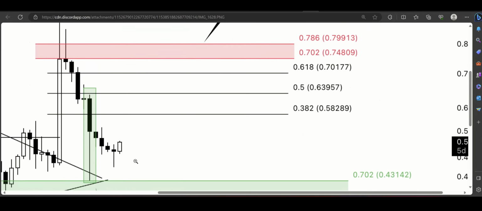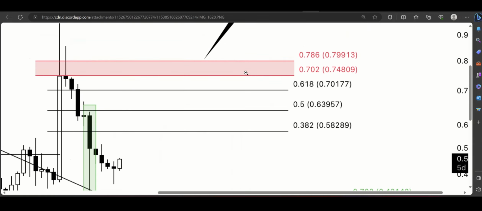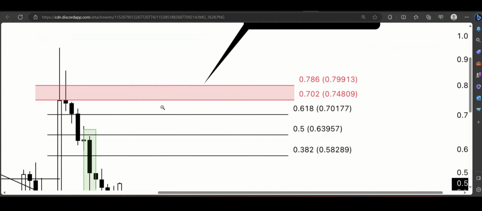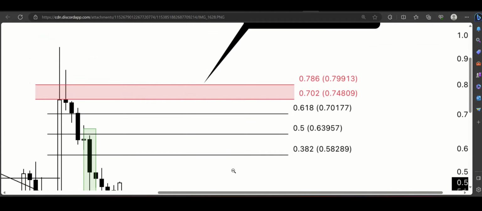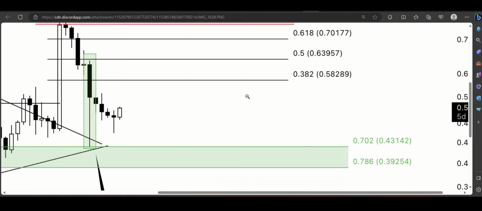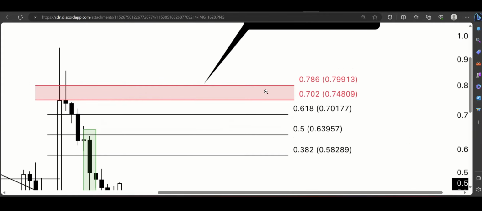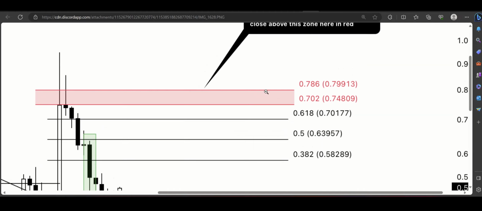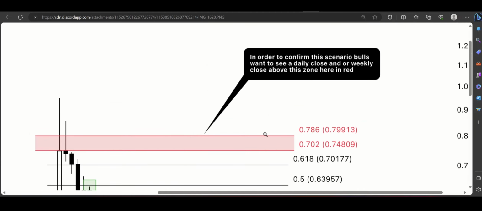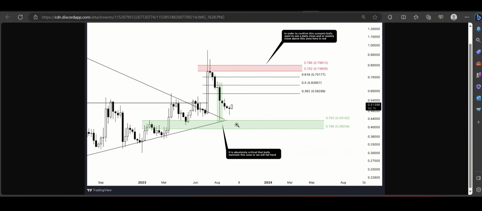So remember, we can come all the way up here to this 786 and this 702 and then turn down, right? For a very explosive wave 3. So just remember that bulls need to see a daily or a weekly close above this red zone, and we must, again, stay above this green zone.